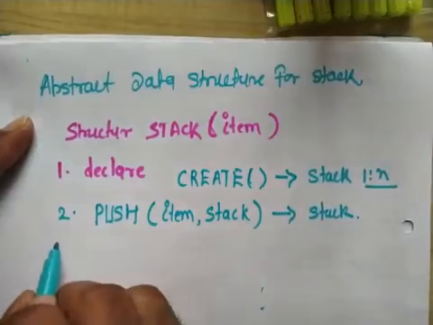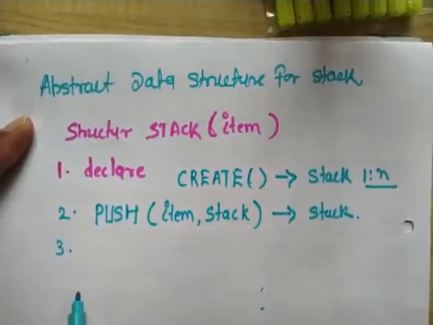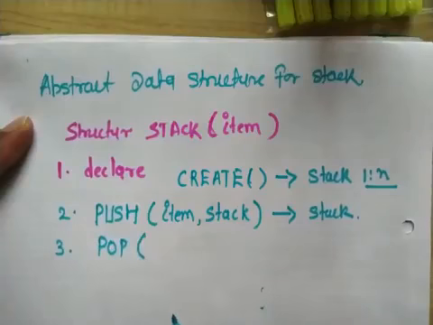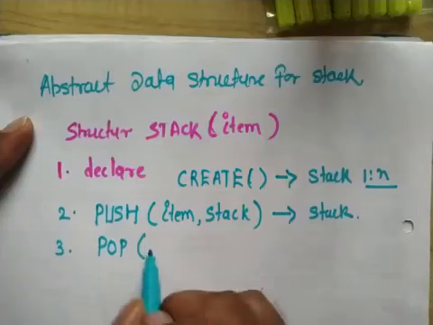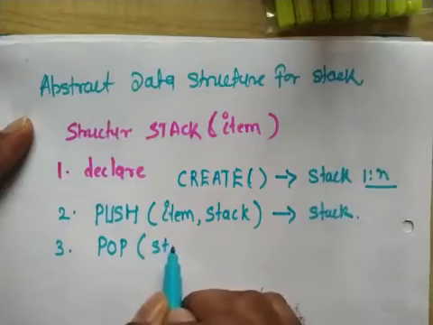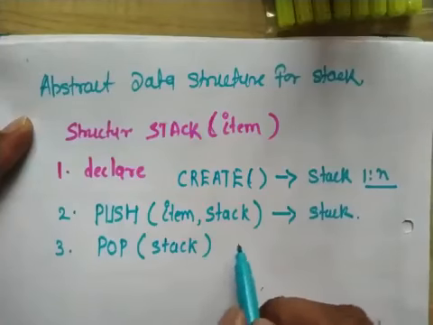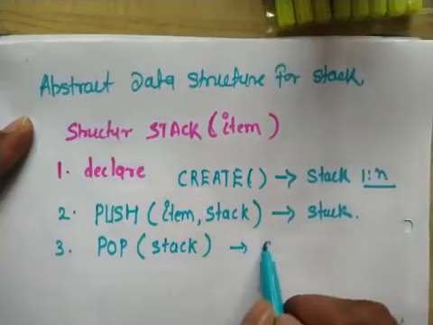Now the third operation is pop. This function removes an atom from the top of the stack. So it simply takes stack as an input and it also returns a new stack.